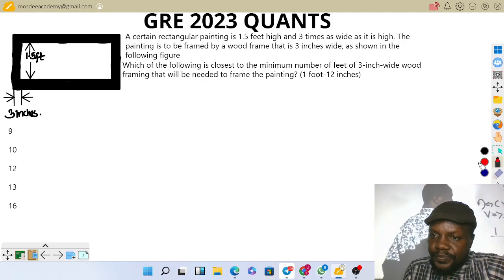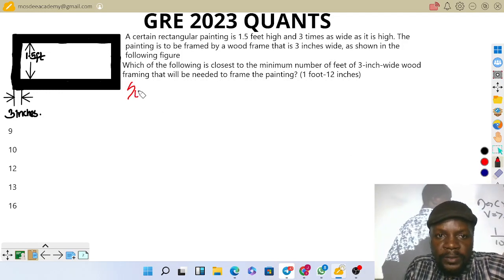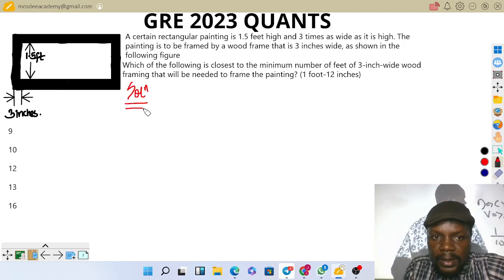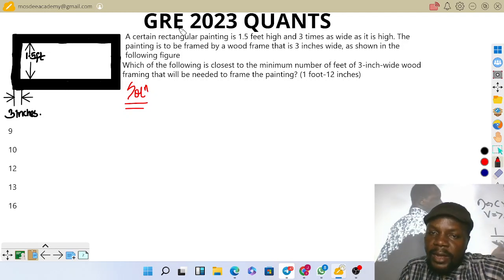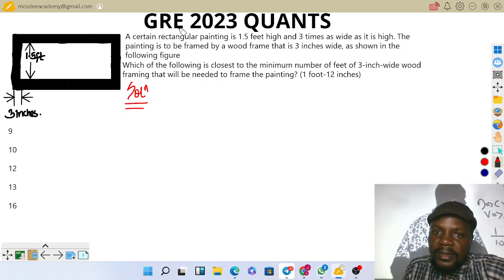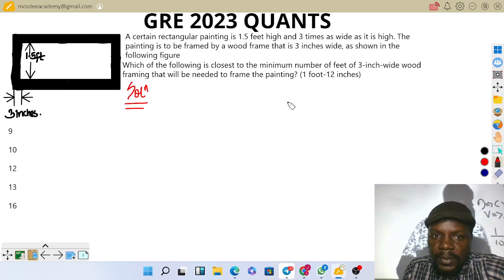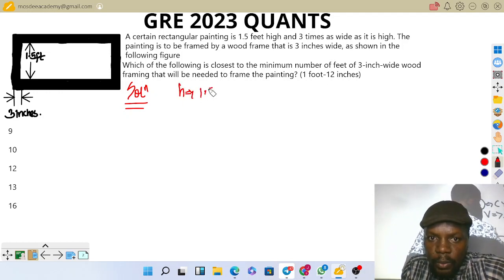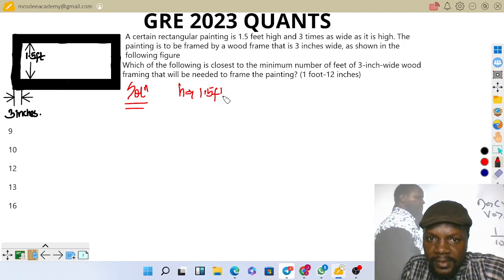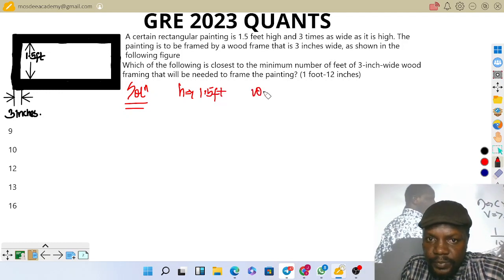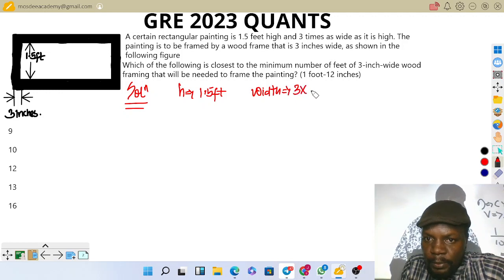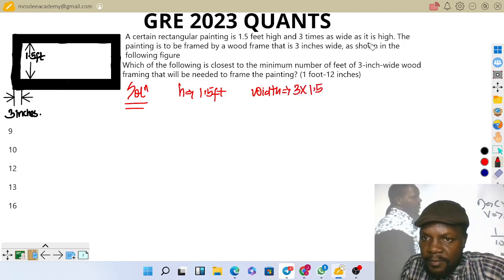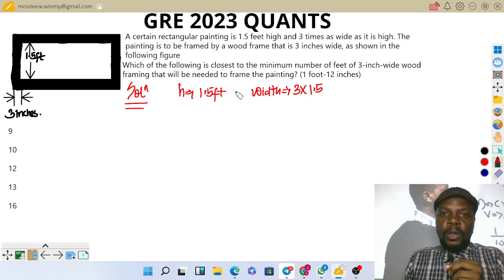We can write the solution here and start with the first line. I can just write height is equal to 1.5 feet. Then the width is 3 times 1.5, as you can see from the second line.